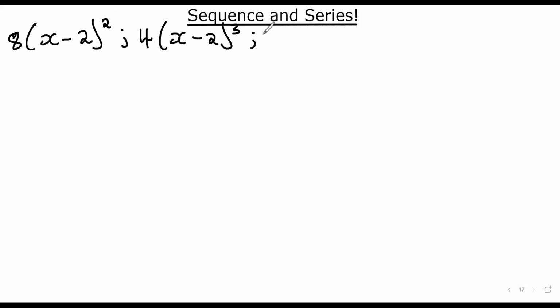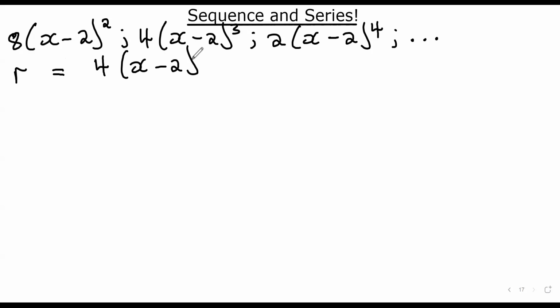So this sequence is 8(x − 2)², 4(x − 2)³, 2(x − 2)⁴, and this goes on to infinity. Then we know that in order to find the constant ratio, we just need to say term number 2 divided by term number 1.